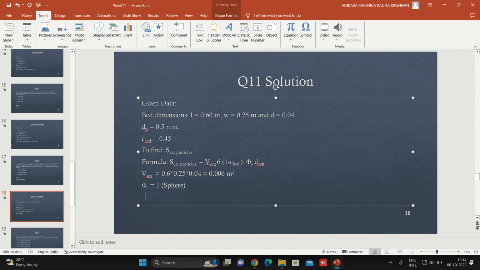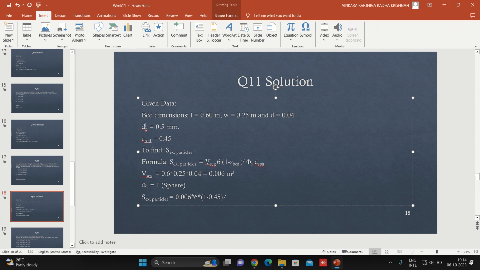So the remaining thing: it is 0.006 into 6 into 1 minus 0.45 divided by d sphere.